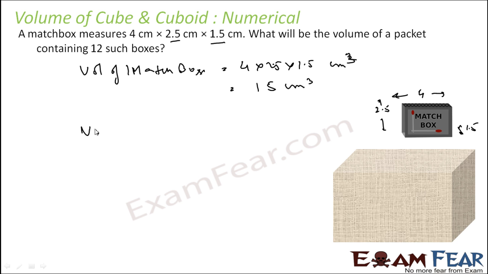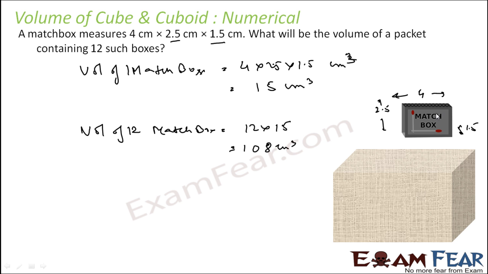So the volume of 12 matchboxes will be what? 12 into 15, that is 180 centimeter cube. The question was that the volume of one matchbox could be found, and then we have to create a pack of 12 such matchboxes. What will be the volume of the packet?